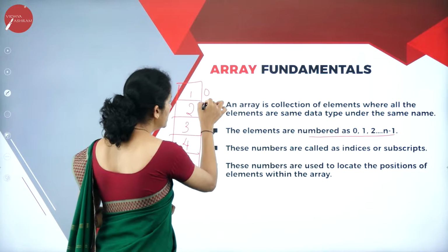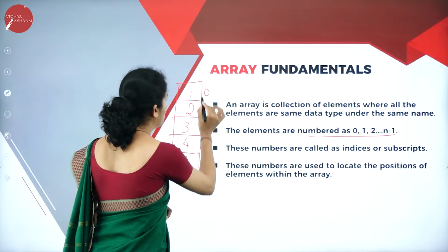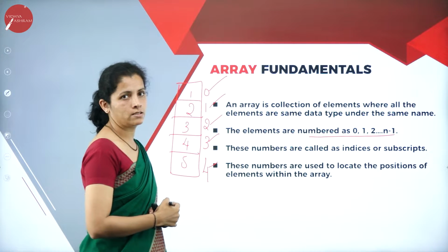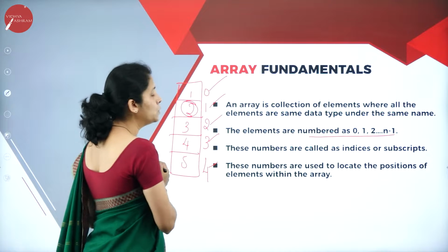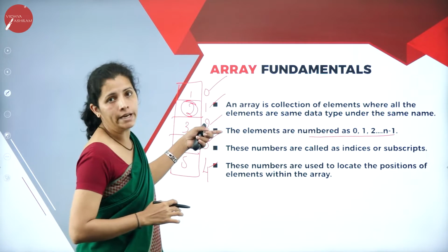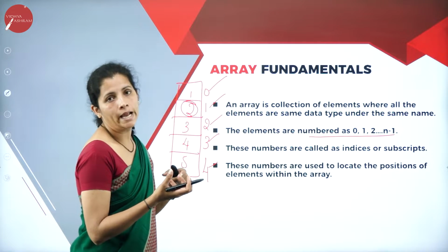Then for the second it is 1, 2, 3 and 4, and these are all nothing but the index. Suppose I want to access 2, or know the position of 2; based on the index, I can access the element.